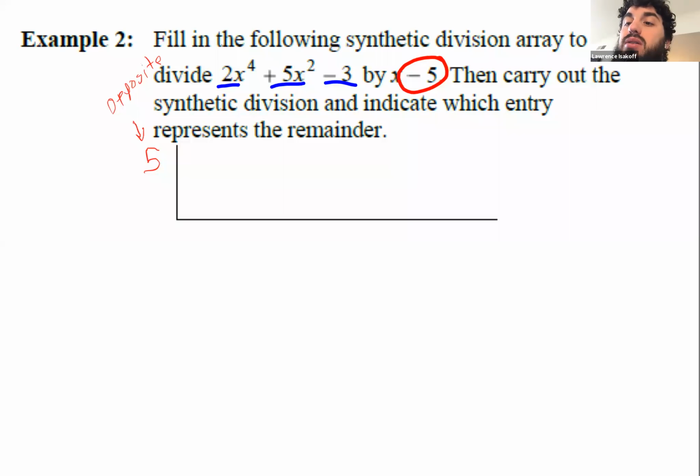Now here, we cannot forget 0 placeholders. So you guys were doing a great job recognizing, like, oh, wait, there's a missing x term there. Put the 0 in. So we just use the coefficients of this. So this is going to be 2, 0, 5, 0, and negative 3. So these are the coefficients.